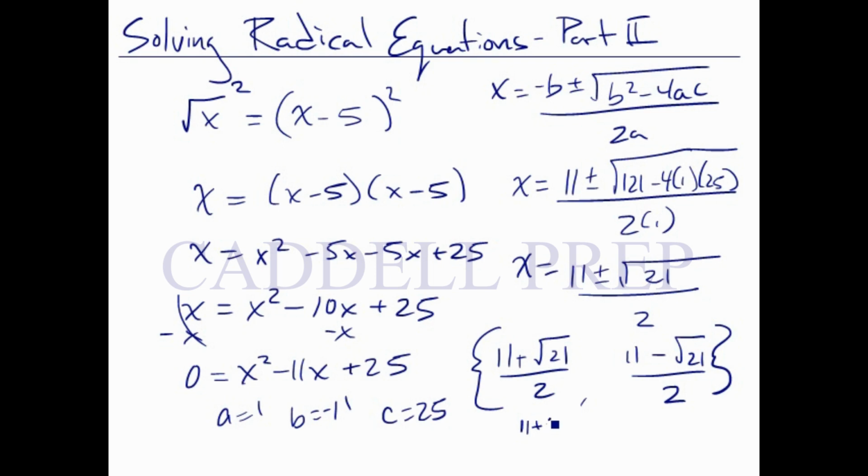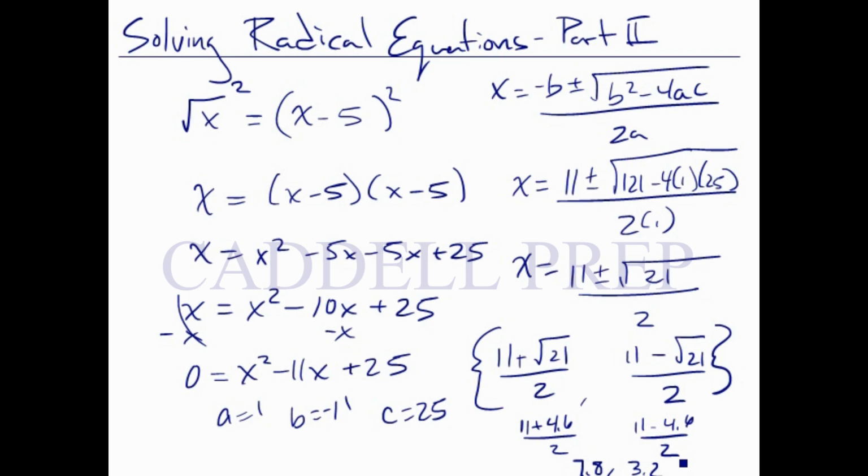This is 11 plus 4.6 over 2, and this is 11 minus 4.6 over 2. So this would give us 15.6 over 2, which is 7.8. And 11 minus 4.6 gives us 6.4 divided by 2, so this one would be approximately 3.2.